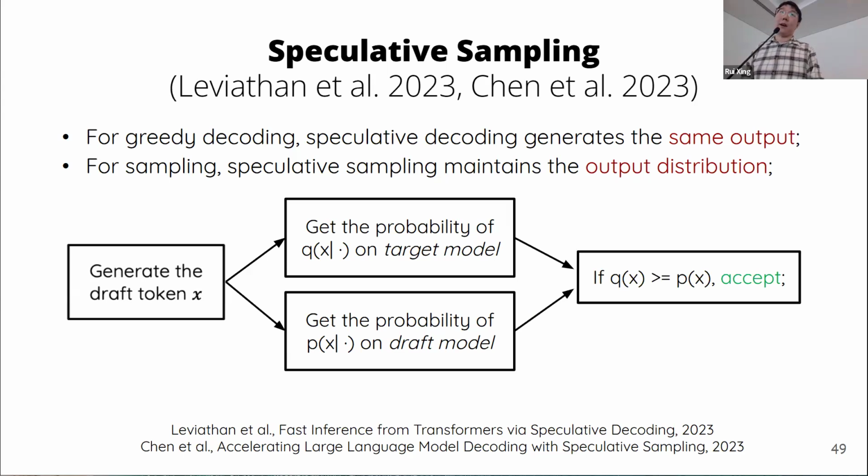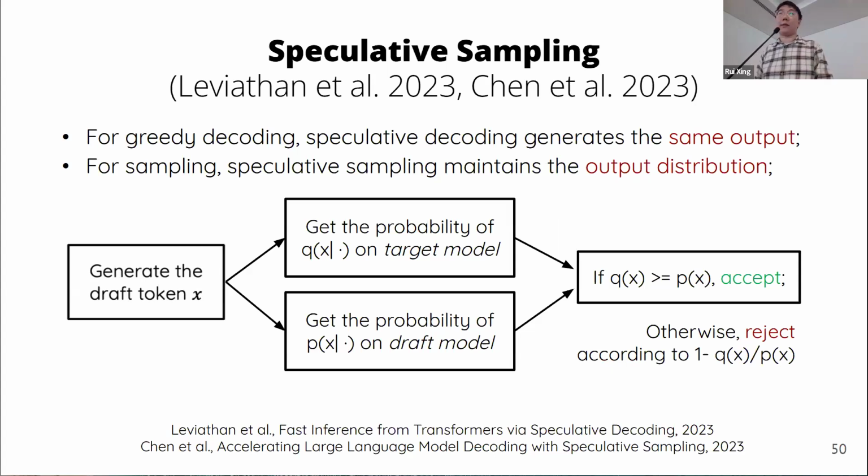The complex scenario occurs when Qx is not larger than Px. Then we reject the token according to a probability. It means that you have a chance to reject the token, but also a chance to accept the token.